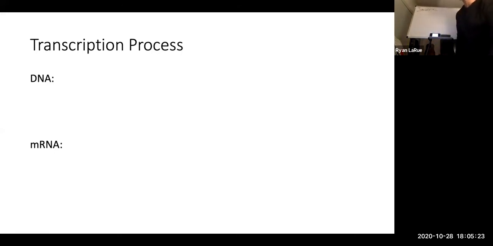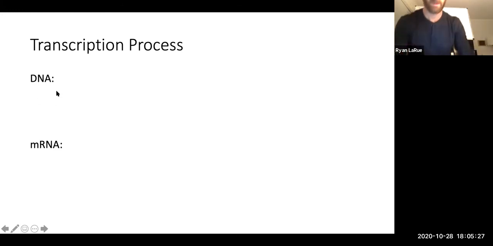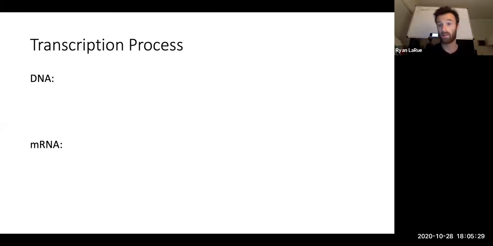Okay, so during transcription, as you can see here, as I have the template, pun intended, we're going to be looking at a DNA template, DNA and mRNA. It's this process of reading DNA and producing an mRNA molecule from DNA instructions. I'm going to go over how this enzyme will do that. But first, let's define it.